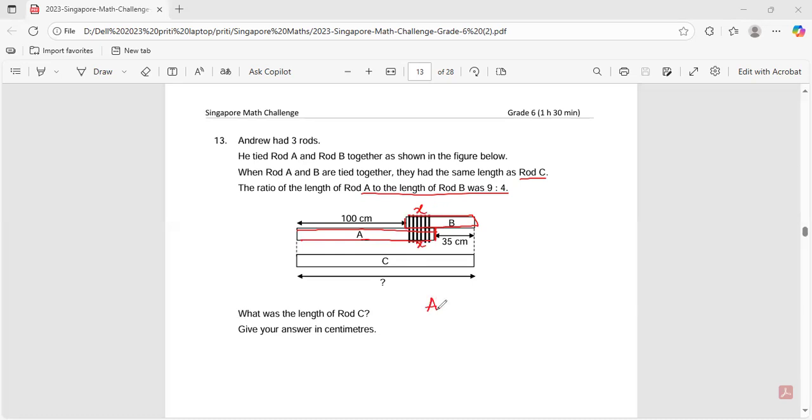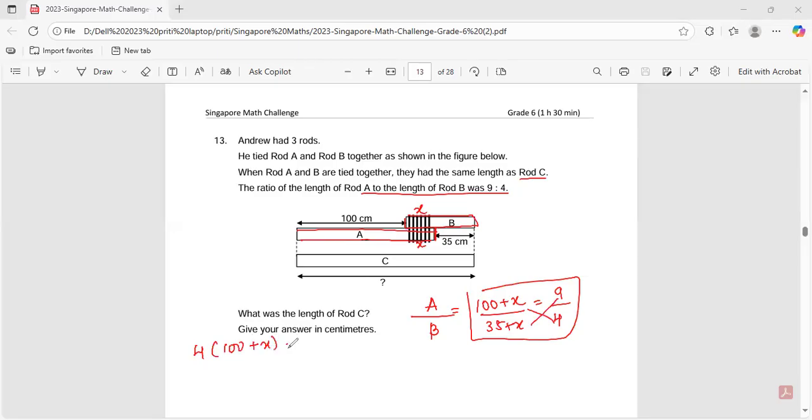We don't know the length of this, but the relationship is given. So, can I say length of A and B? What is length of A? 100 plus x. What is length of B? 35 plus x. And what is the ratio? 9 is to 4. Now, we just need to solve this. So you get 4 into 100 plus x, which is equal to 9 into 35 plus x.